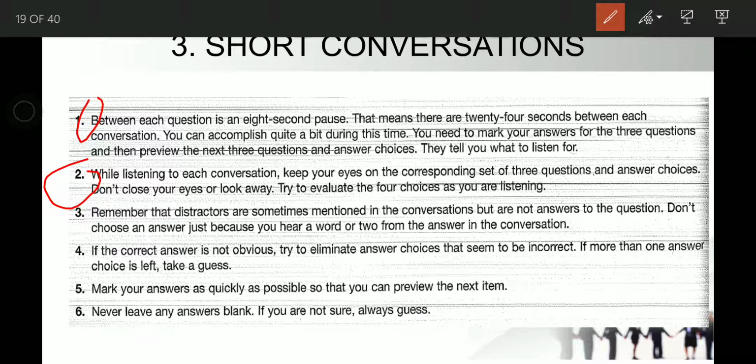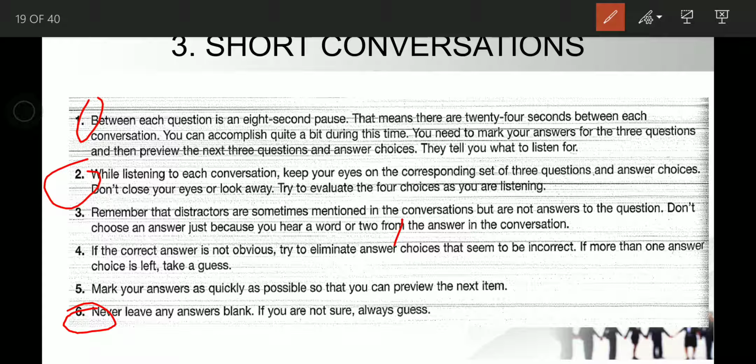Never close your eyes. For example, never look upside, just look at the options. Okay. Now the same, never leave any answer blank because there is no penalty.